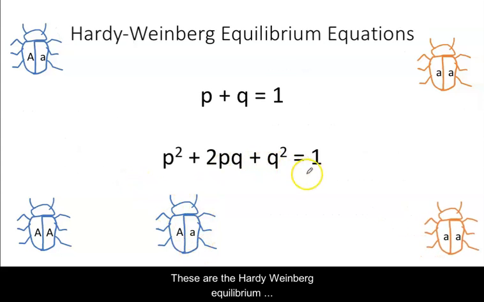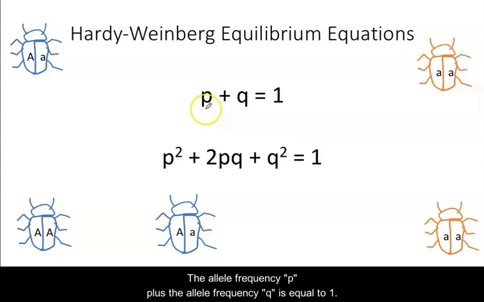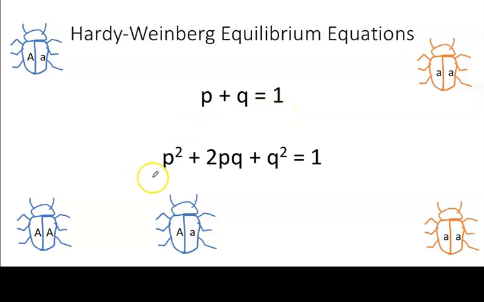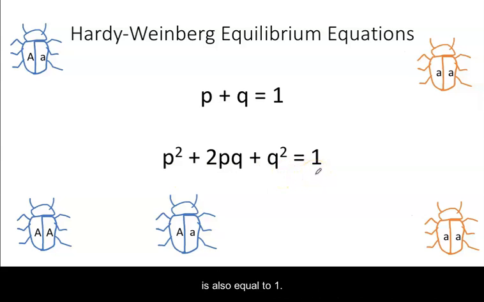So these are the Hardy-Weinberg equilibrium equations that you will need to know: the allele frequency P plus the allele frequency Q is equal to 1. And P squared plus 2PQ plus Q squared, which represent the genotype frequencies, also equal 1.